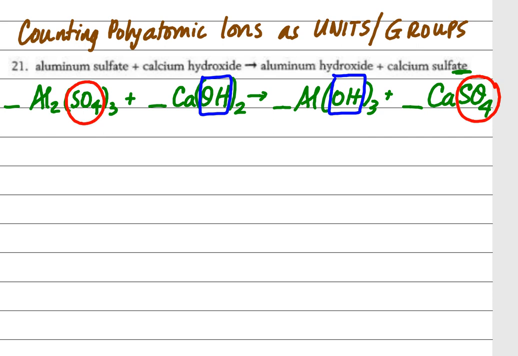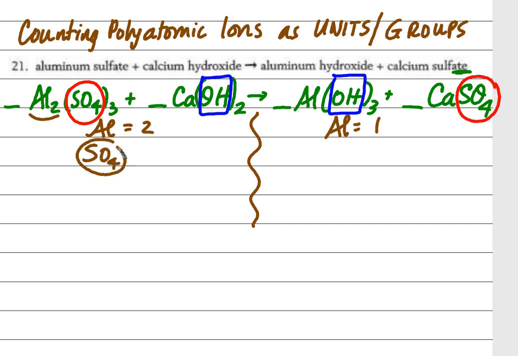So take a look. You'll notice on the reactant side, there are 2 aluminum right here. On the product side, there's 1 aluminum. I hope you can see that. Now is the new skill. How many sulfate groups are on the reactant side?